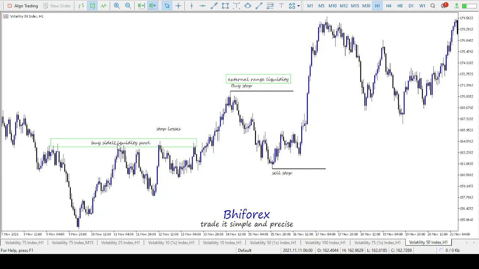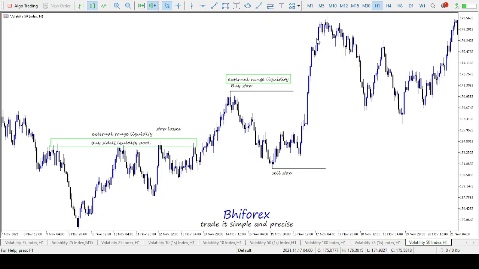That is your sell side liquidity pool. This is also an external range liquidity because it is outside of the trend, it is outside of the entire move. So if you have a move from this low to this high, then this low and this high, the swing points, are the external range liquidity.